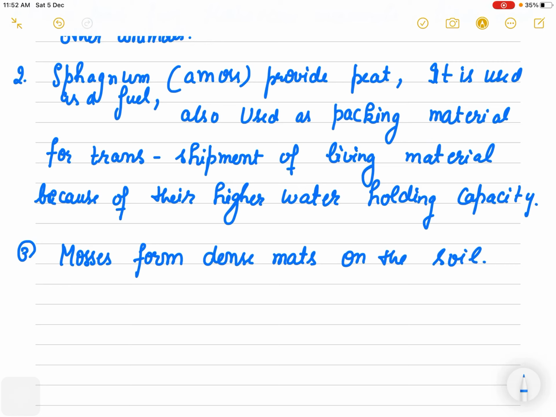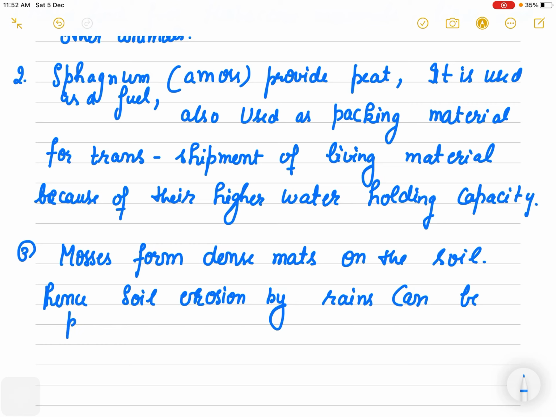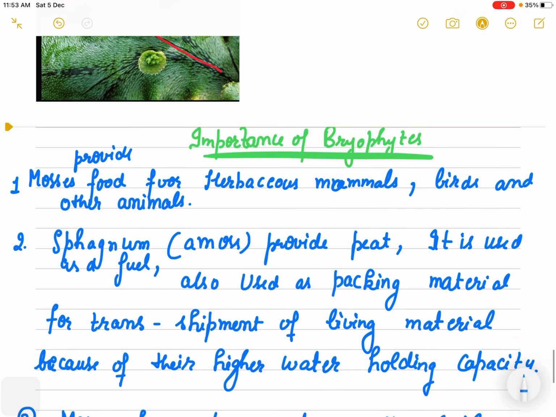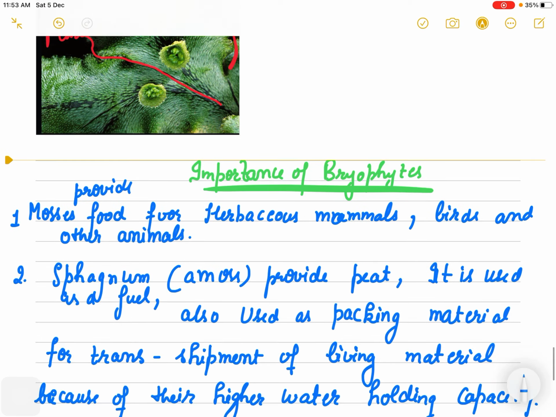Because they are covering a major area, soil erosion by rains can be prevented. So basically they prevent soil erosion because they form a dense layer on the soil, and they also play a major role in grafting.